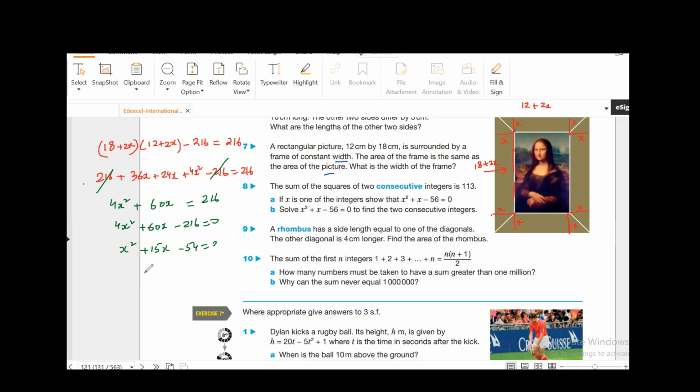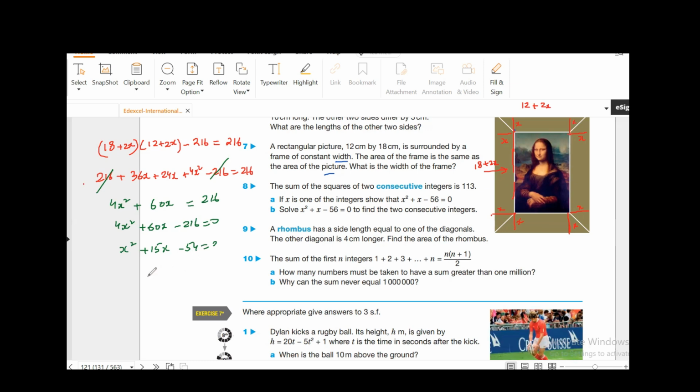But if I take both negative, that will not work, because the product is negative 54. If we take both positive, that will work for 15, but not for 54.